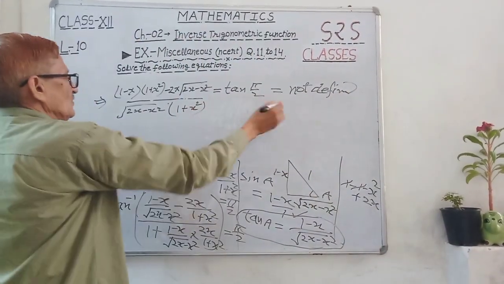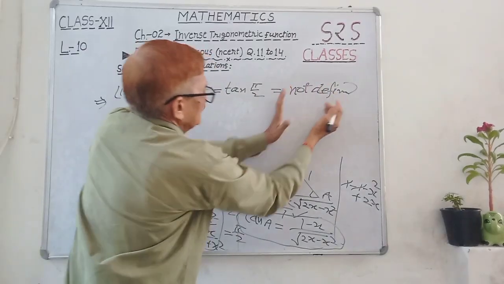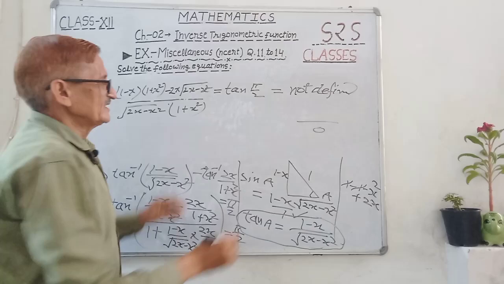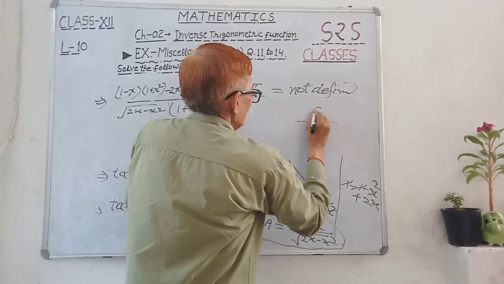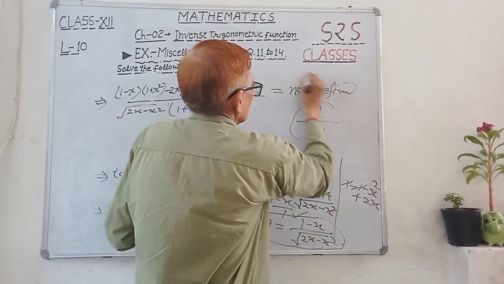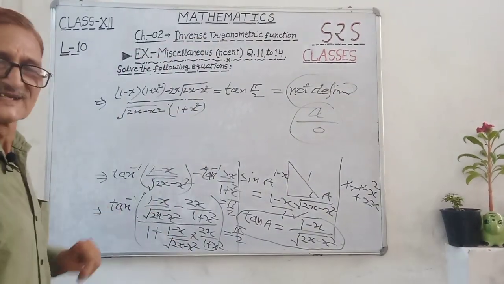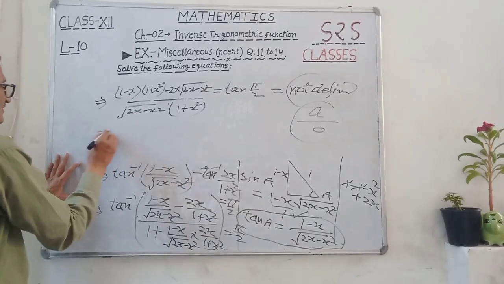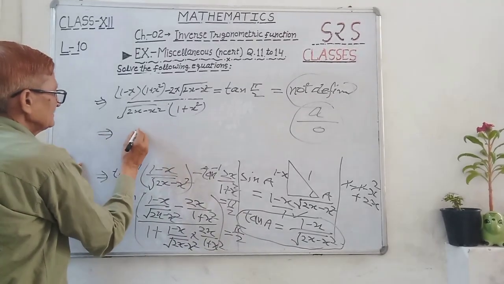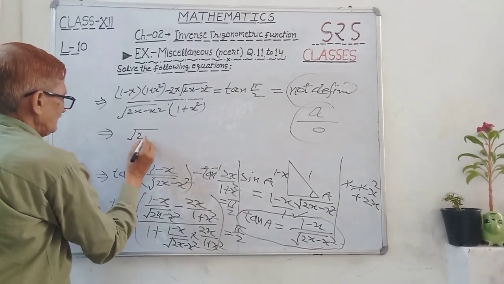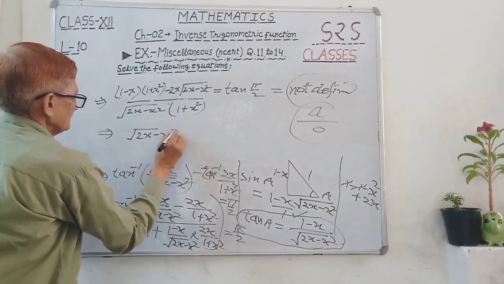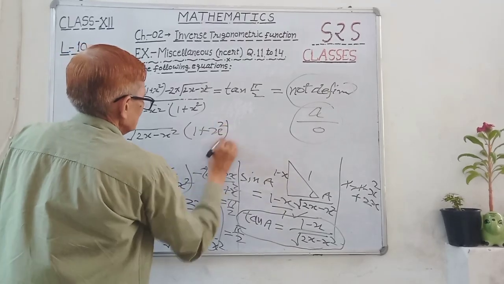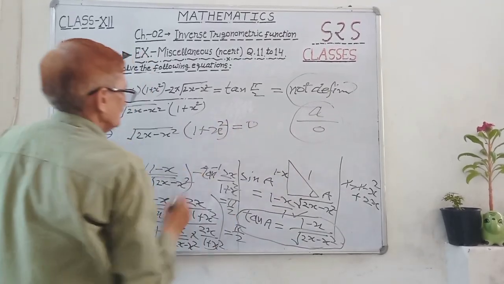If any fraction is not defined, then we can say the denominator is 0. Any real number divided by 0 is not defined. So this implies the denominator root of 2x minus x square into 1 plus x square is equal to 0.